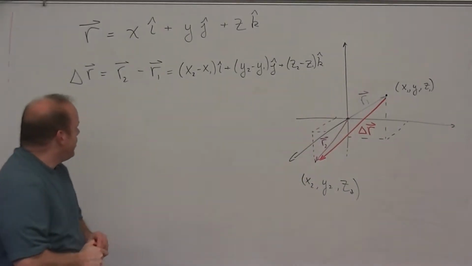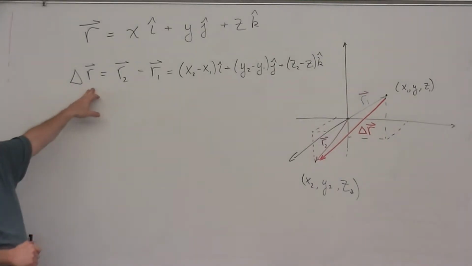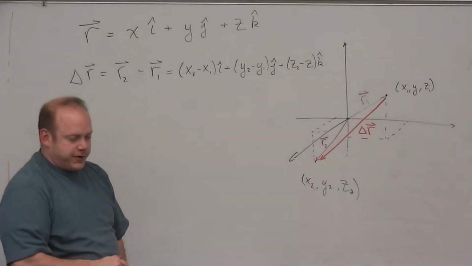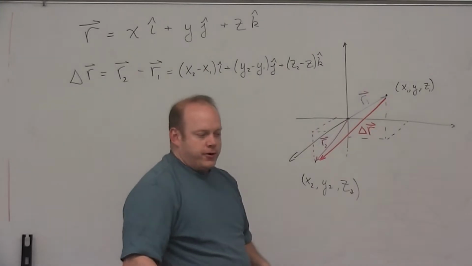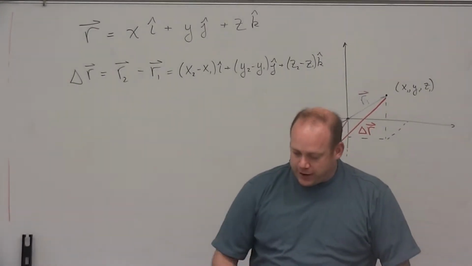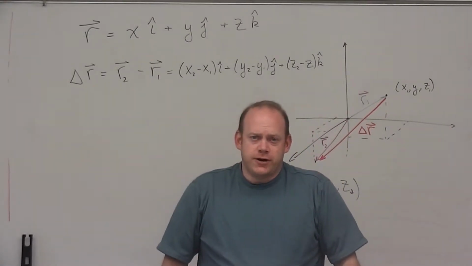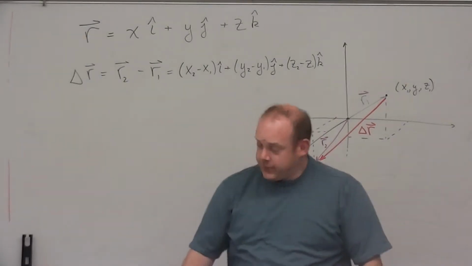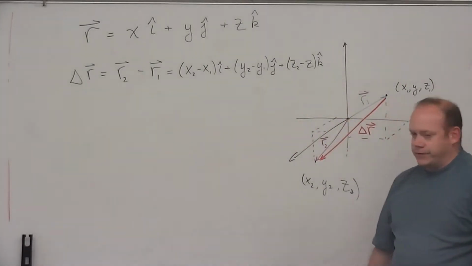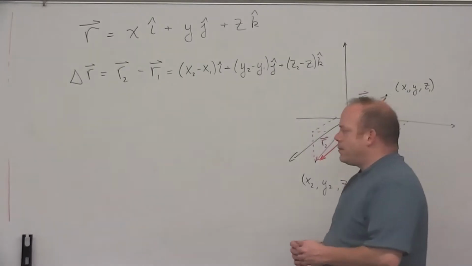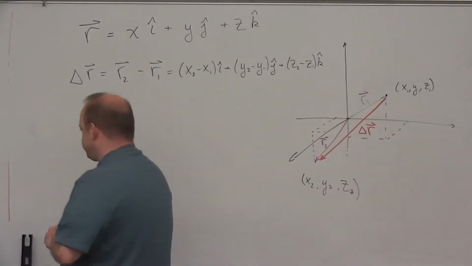So now, what we want to do is do a little bit more with this. We're going to introduce some calculus. We're going to talk about average velocity, instantaneous velocity, as well as acceleration, both instantaneous and average.